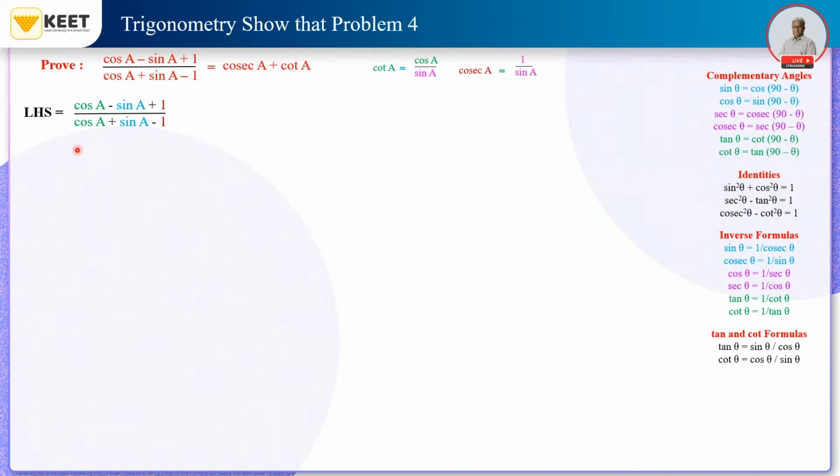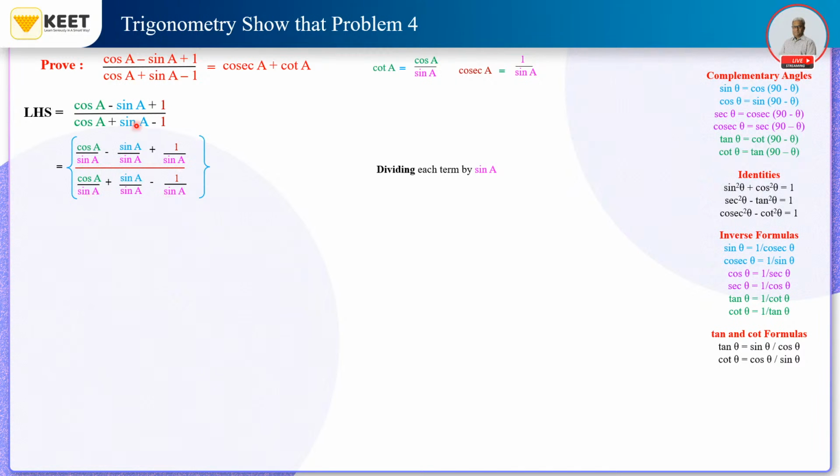So here I have directly replaced it, each and every term is divided by sin A. So take it down: cos A minus sin A plus 1 and cos A plus sin A minus 1. So all the 6 terms are divided by sin A.